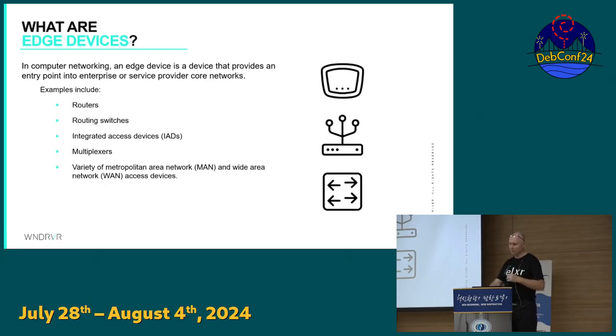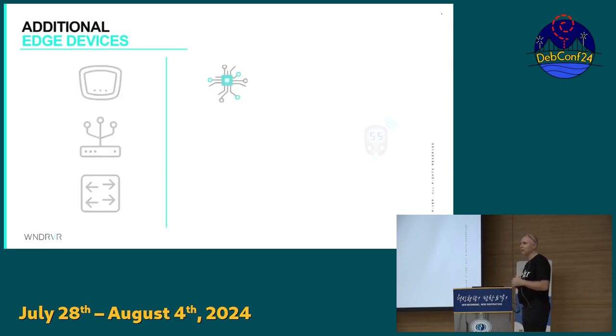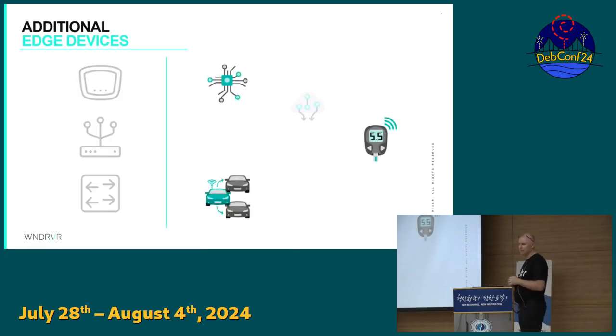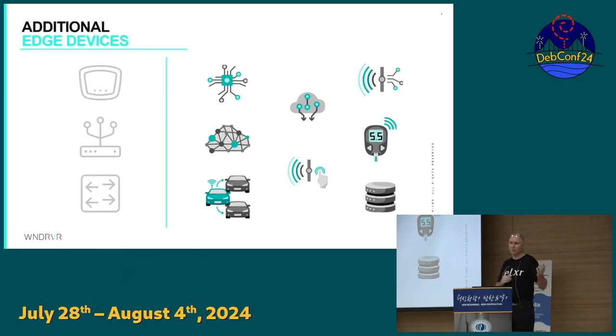But if you go a little bit further, you'll find that there's other classes of edge devices that exist. These will include things like automotive, medical devices, devices that are used for artificial intelligence, doing inferencing without having cloud connectivity or limited cloud connectivity.